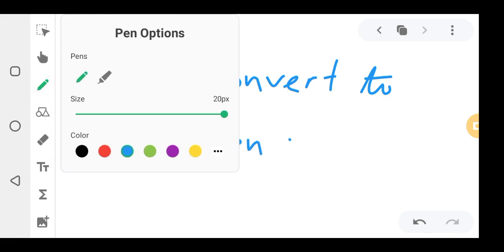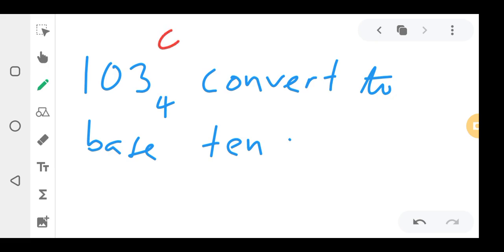So this is question 1. How do you convert 103 base 4 to base 10?